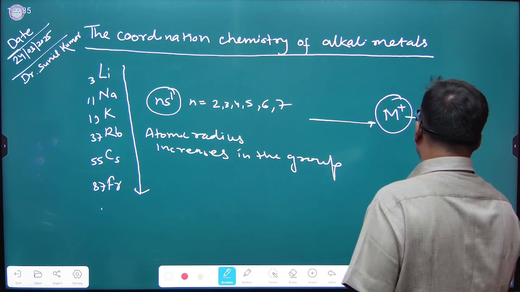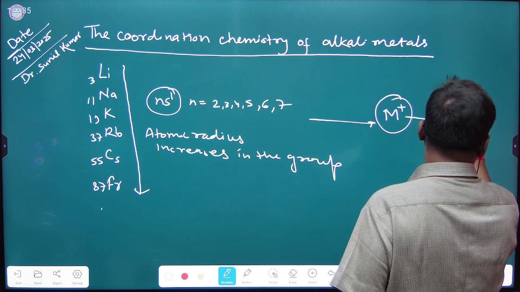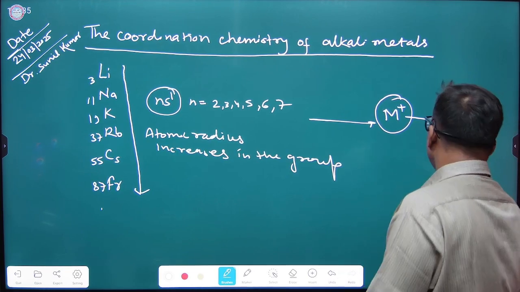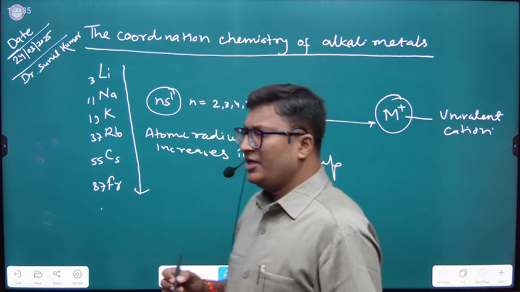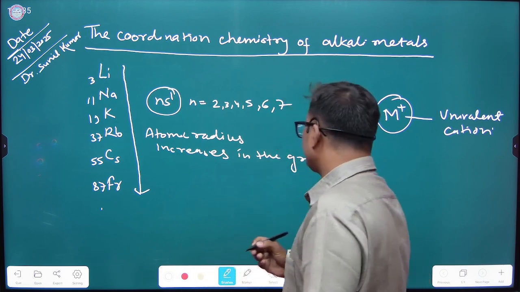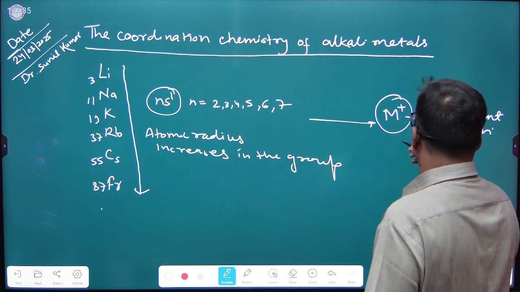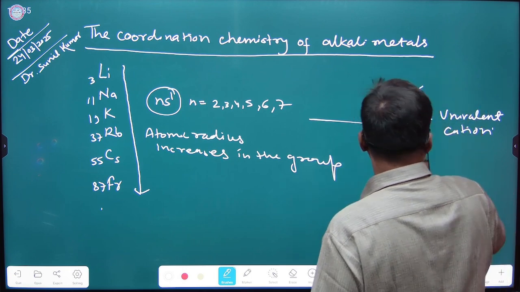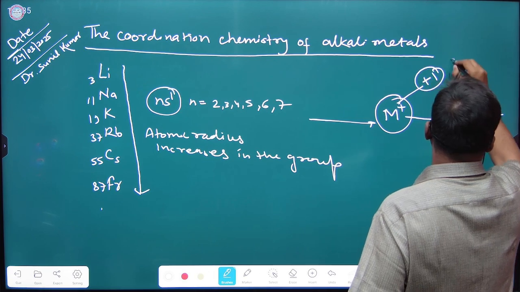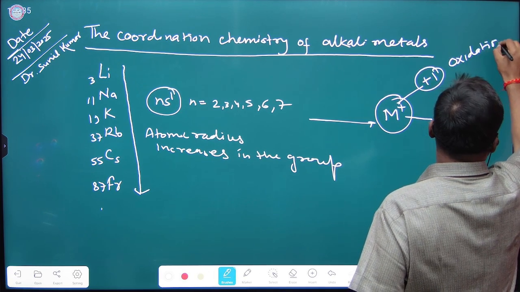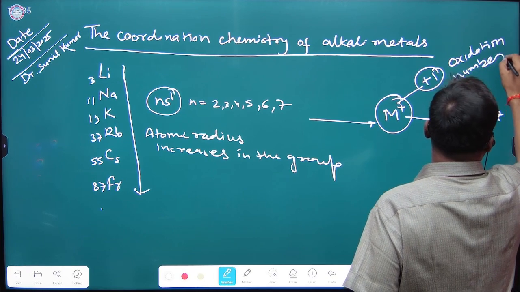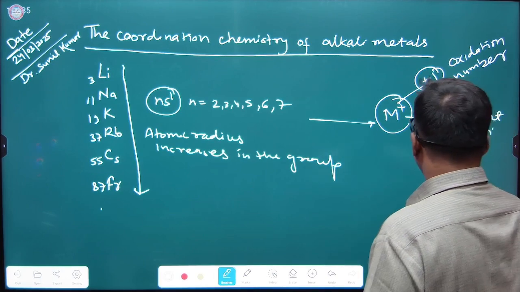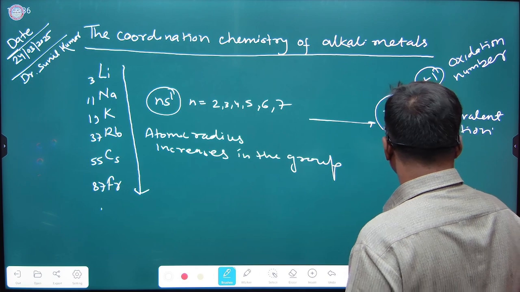So this is a univalent cation. All these elements are electropositive in nature, and they all have a +1 oxidation state, +1 oxidation number.